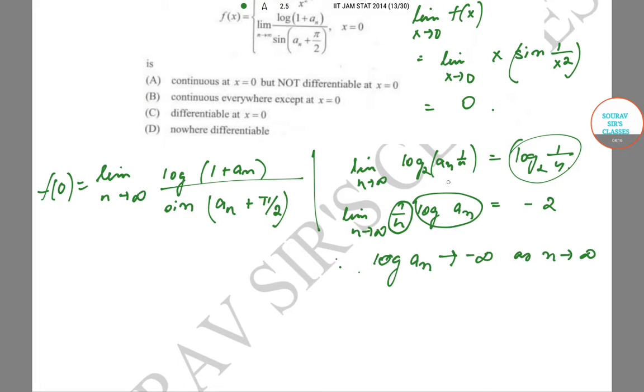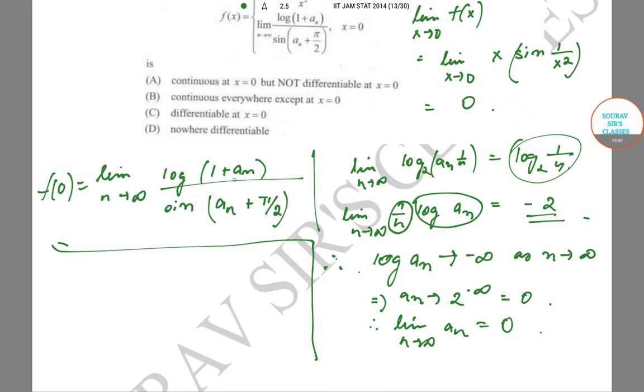It has to diverge, because otherwise the limit cannot be finite, and it has to go to minus infinity, because if it were always positive, then the limit would not be negative. So log a_n goes to minus infinity as n goes to infinity, which implies a_n goes to 2 to the power minus infinity, which is 0. So limit n goes to infinity a_n is 0.